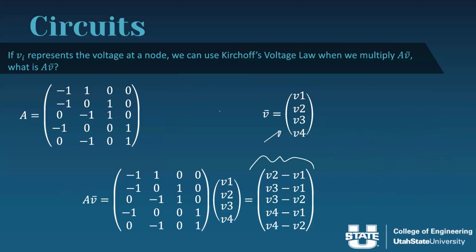We just create a vector V that has the appropriate size to be multiplied by A, and then you get the voltage differences. Yes, we have 4 voltages because we have 4 nodes. If we had 6 nodes, we would have a V5 and a V6 on here as well. Does that make sense?